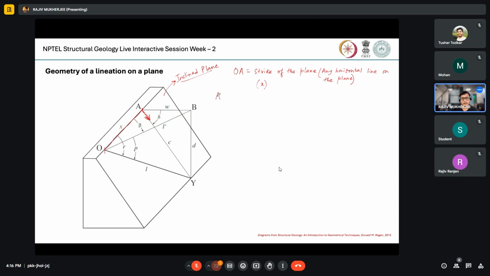So we can call the line AY the dip direction of the plane, and we have given a magnitude here as well, that is C. Once again, we don't actually need to give magnitudes or values in real life, but for the sake of derivation, we are assigning some values.